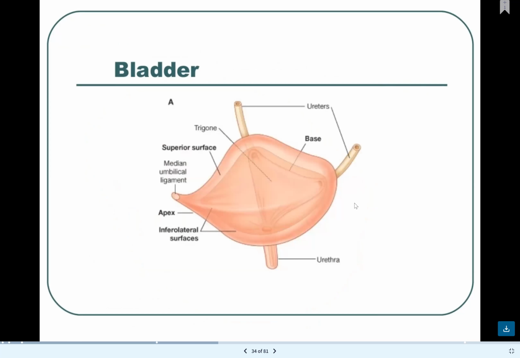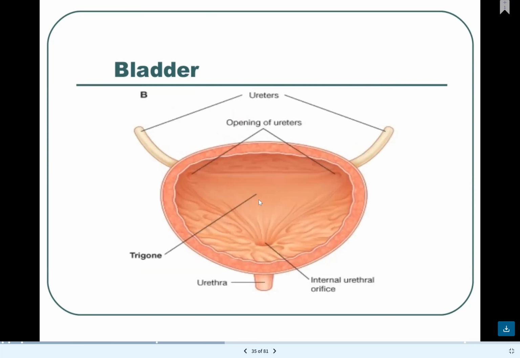So this is just to show us the bladder, which has the urethra coming in, and which is connected by the median umbilical ligament. And this thing that we see here is the trigone. That trigone is the sensitive part that allows you to know whether you are feeling to urinate or not.